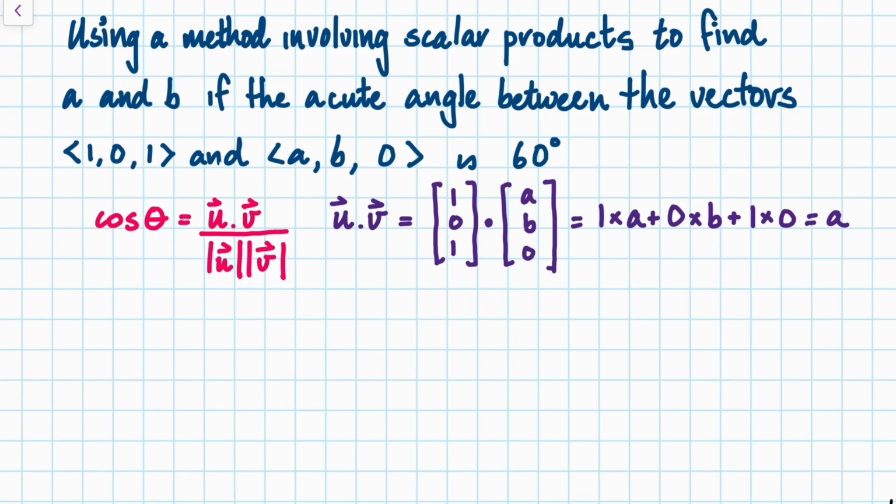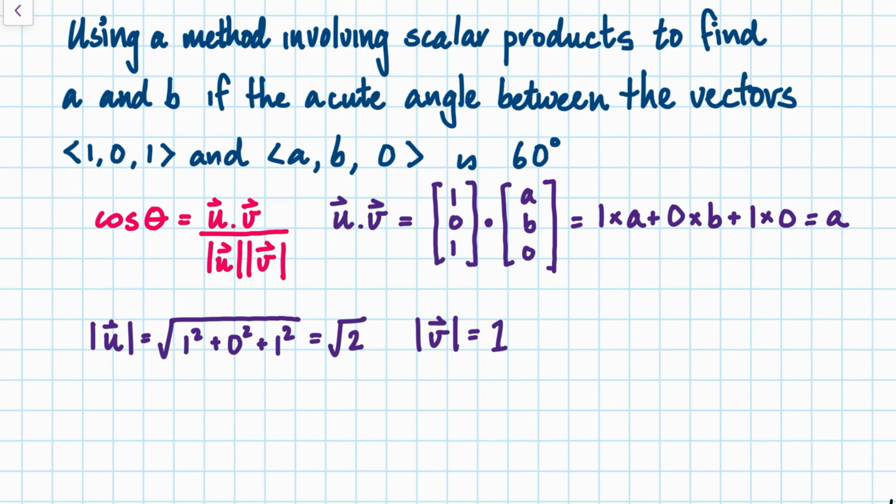So, first the magnitude of u: it's going to be the square root of 1 squared plus 0 squared plus 1 squared, or the square root of 2. For the magnitude of v, we're going to let v be a unit vector, so its magnitude is going to be 1.